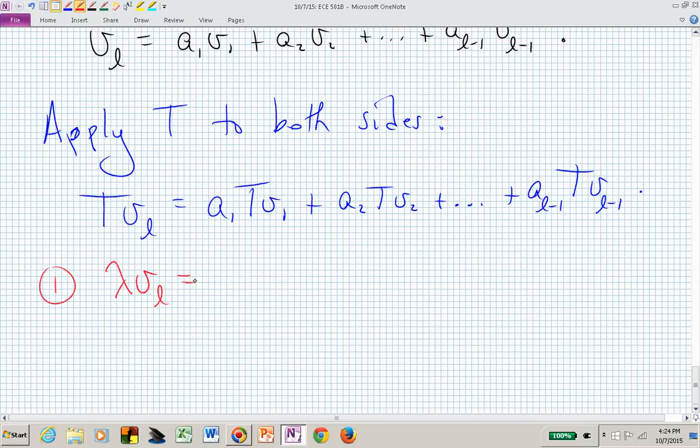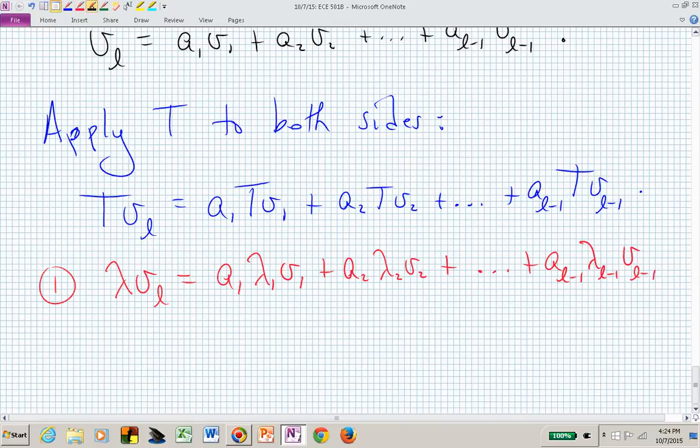And we can do the same thing or a similar thing to all of these T v1, T v2, etc. They now collapse to a scalar times v1, a scalar times v2, etc. Where that scalar is lambda 1, lambda 2, etc. Or this is now a1 lambda 1 v1 plus a sub 2 lambda sub 2 v sub 2 plus a sub L minus 1 lambda sub L minus 1 v sub L minus 1.